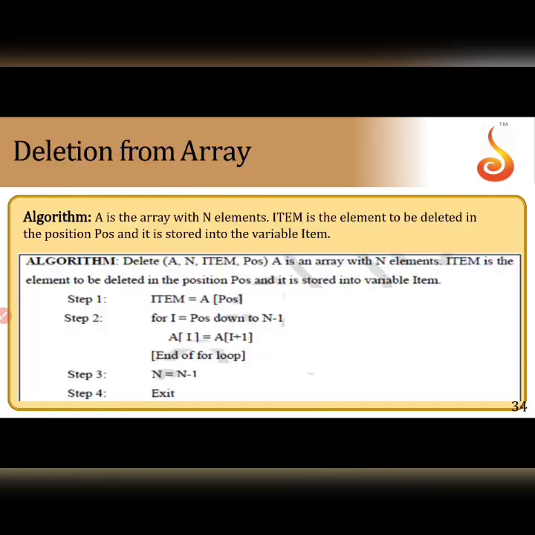So now we'll go to the algorithm. See, n minus 1 also doesn't matter, but n minus 1 or less than n, or you can write n minus 2 here. So you will go down to n minus 2.